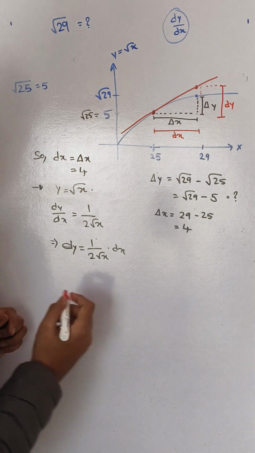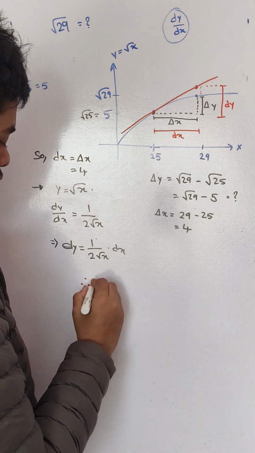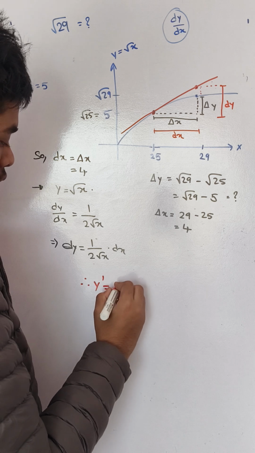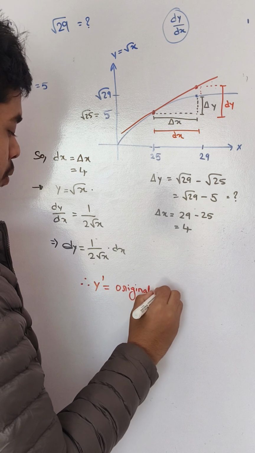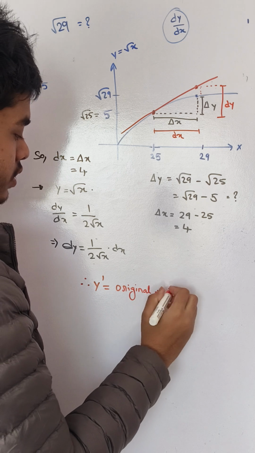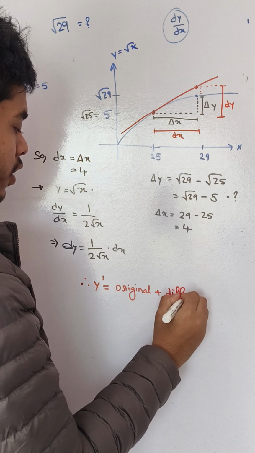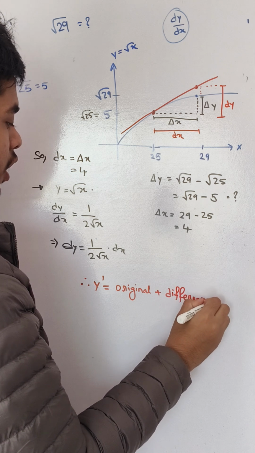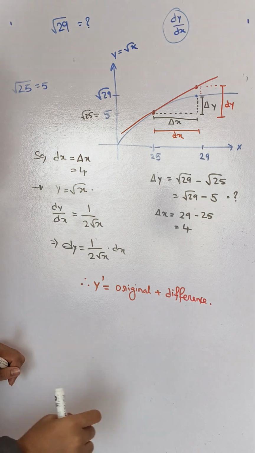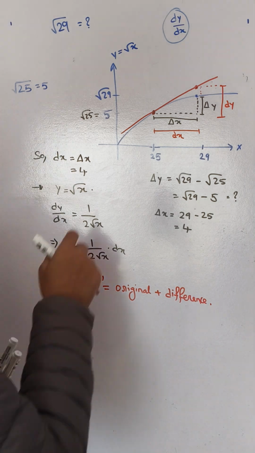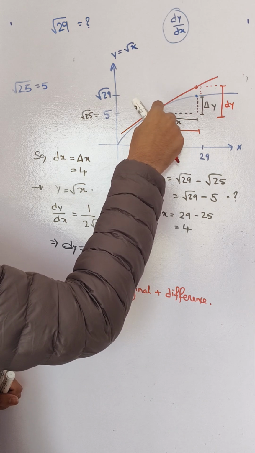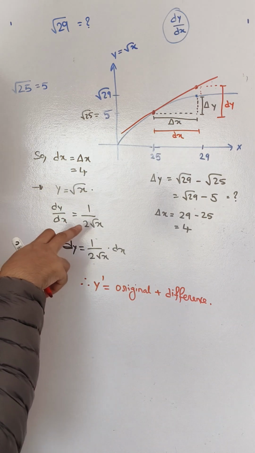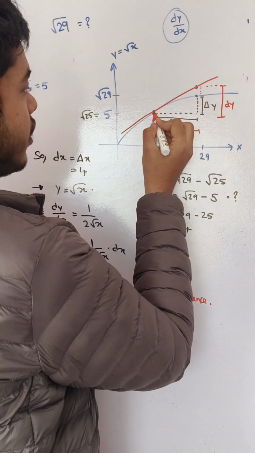Now, we will calculate, therefore, y dash equals original plus difference. Original means 5, because at this point we are calculating the dy. At 25, 5.